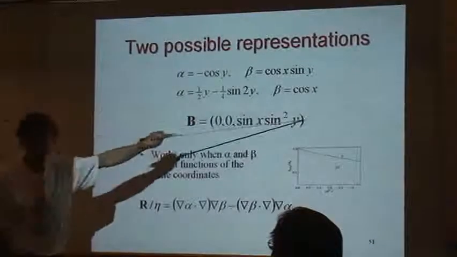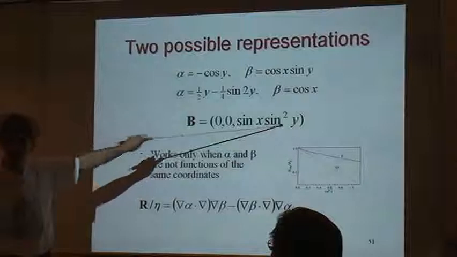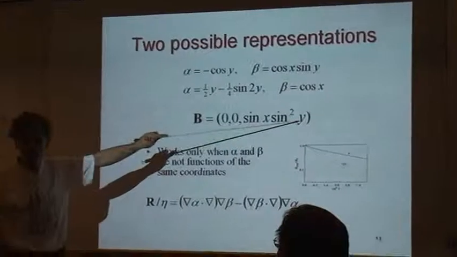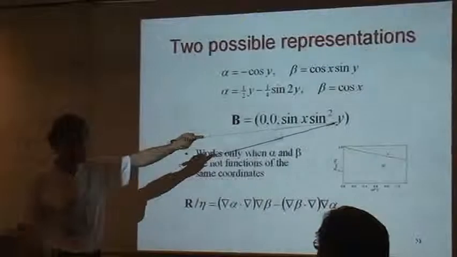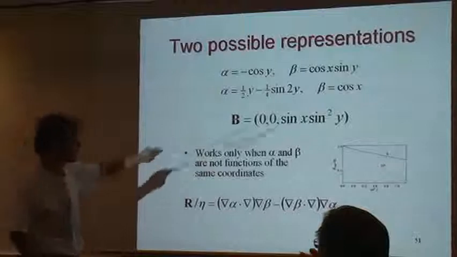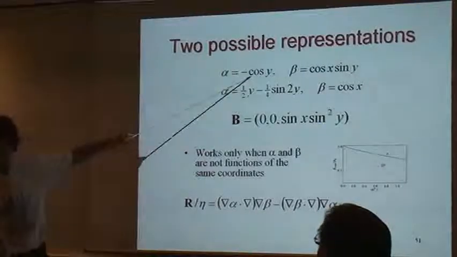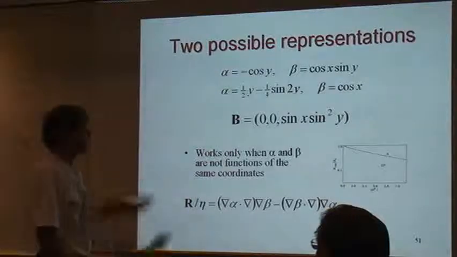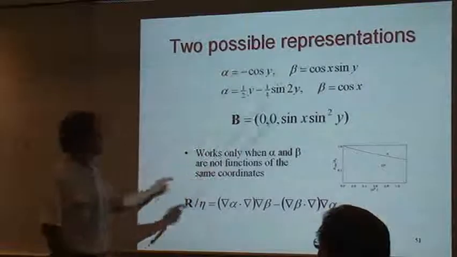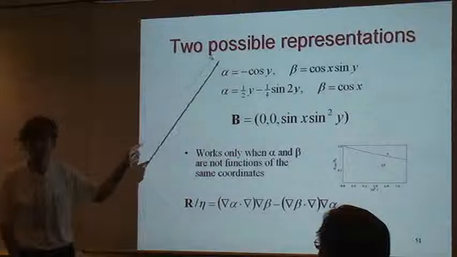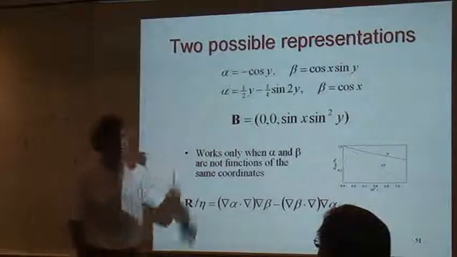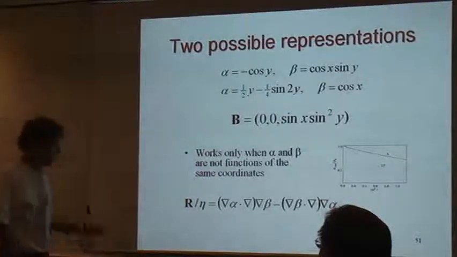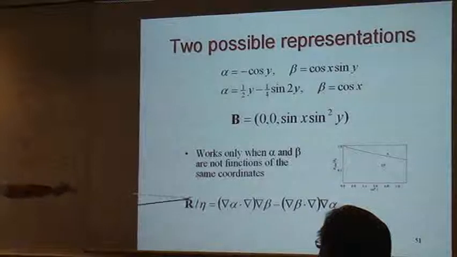However, this solution is no longer a linear harmonic solution. It will not decay like the wave number 1 solution will decay. So already this representation is wrong. The reason why it's wrong is because both alpha and beta depend in both cases on the same coordinate, which is y. In that case, this term is a residual term that stays over.